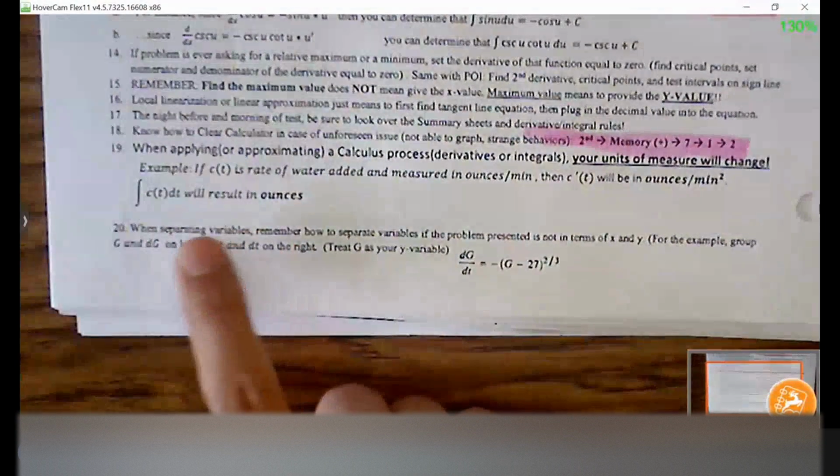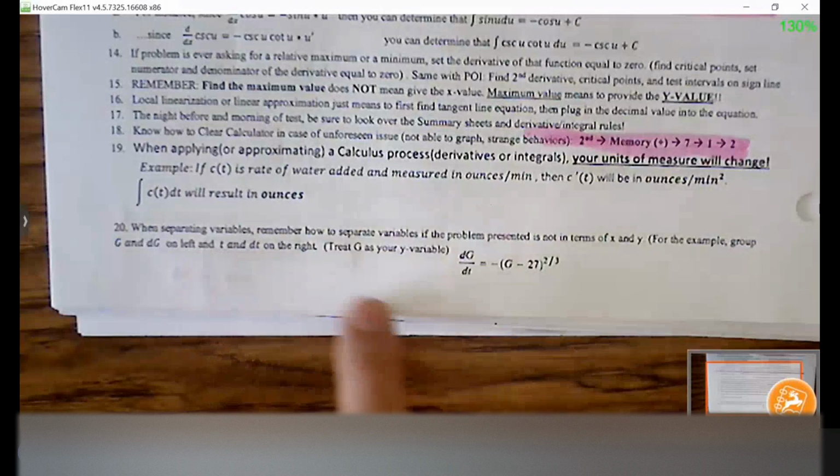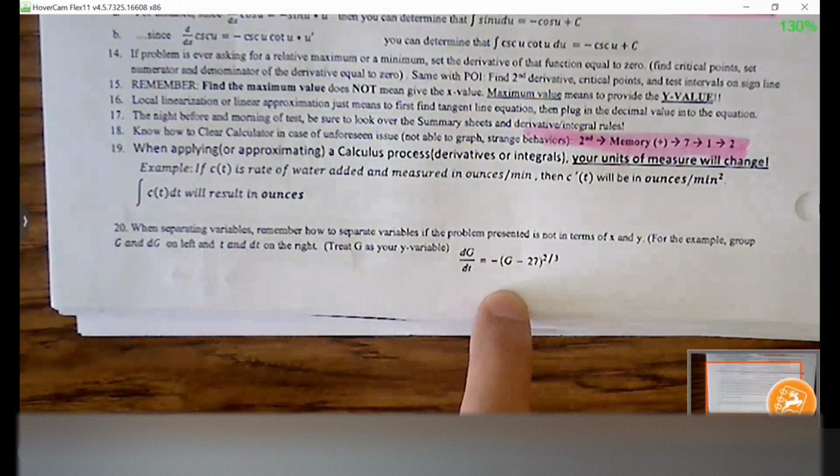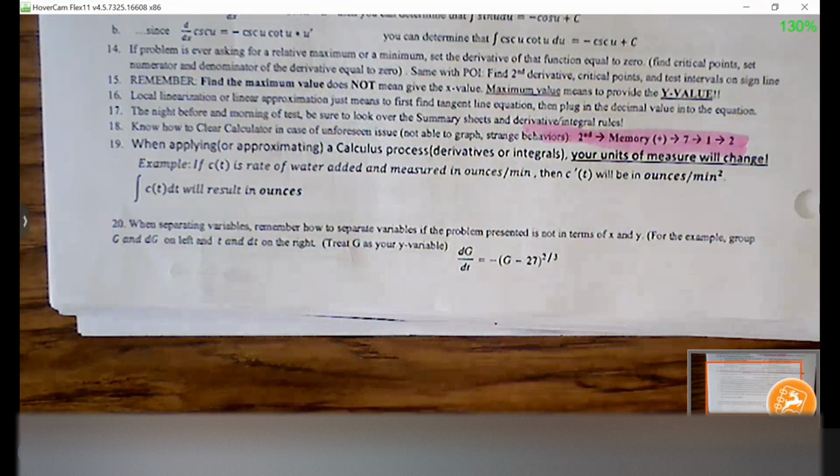Okay, finally here, I think we've done solving differential equations in terms of x and y a lot. In years past, students have always kind of struggled with differential equations that don't have x's and y's.